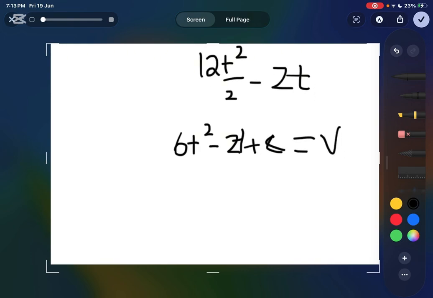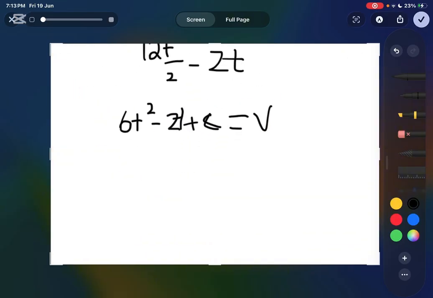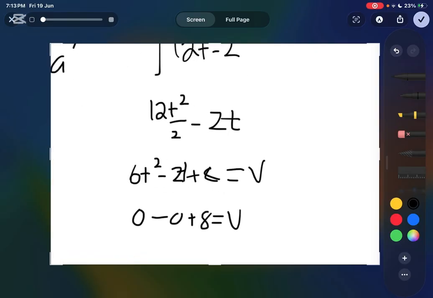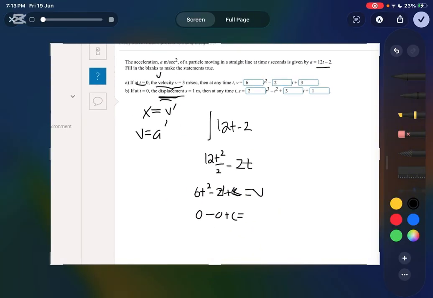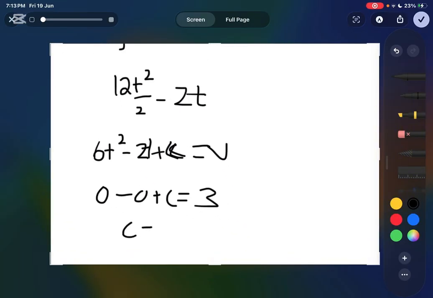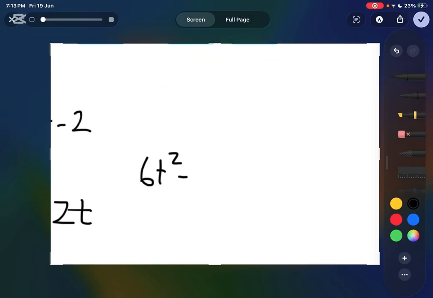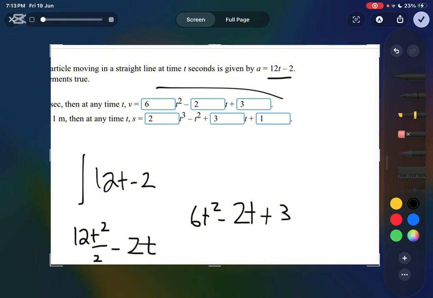And plus c. So now since you have v as 3 and t is 0, you can replace. So 0 minus 0 plus c is equal to v, which is 3. So here c will be equal to 3. So you found your total equation, 6t squared minus 2t plus 3. You found your velocity.